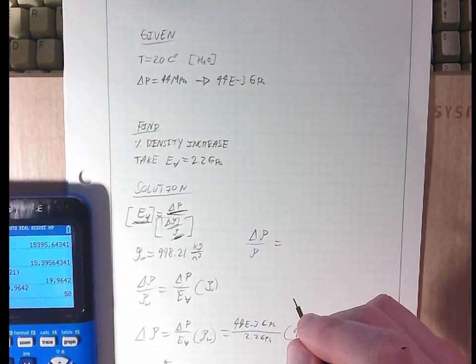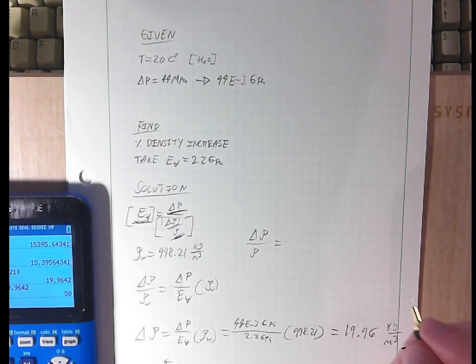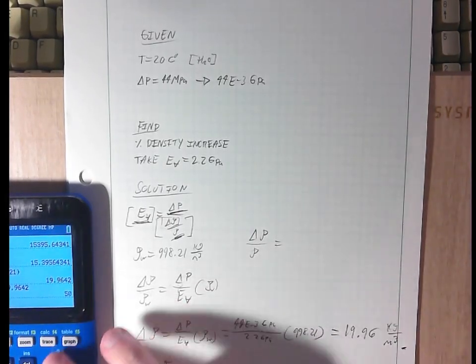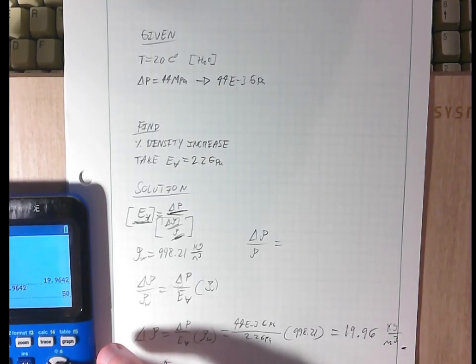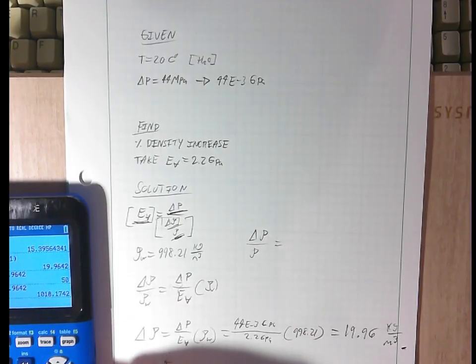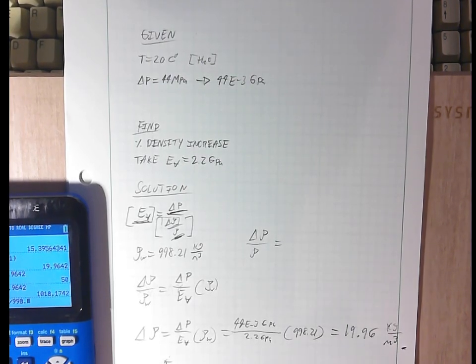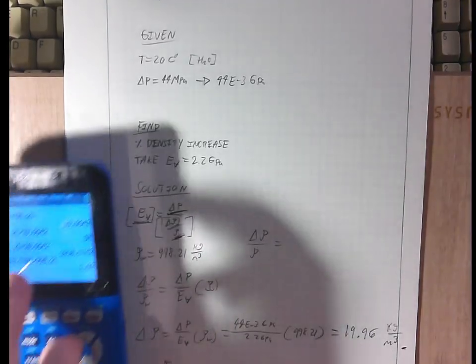Percent increase. Oh, okay. So you take this 998.21 and you add this. So we've got this. Now this divided by 998.21. Yeah.